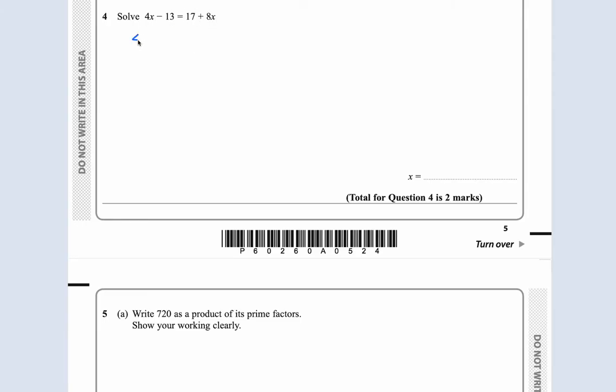So 4x, I'm going to subtract this 8x, so I only have x's on the left, and I'm going to add this negative 13, so I have my numbers on the right, because it's negative 13 here, so I'm going to add it, and I get plus 13 over there. 4x minus 8x is minus 4x, 17 plus 13 is 30, and then x is 30 divided by negative 4, which is negative 7.5. Use your calculator if you want.